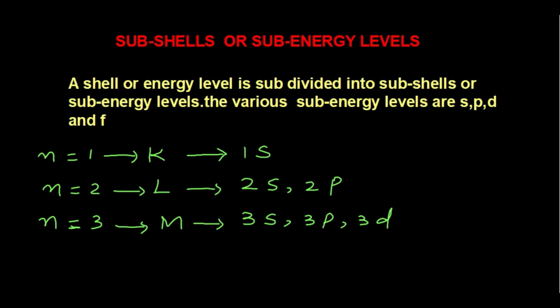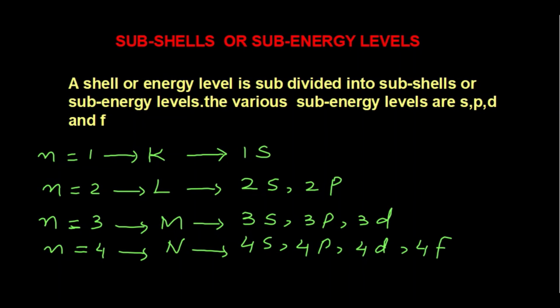Similarly, when n is equal to 4, it represents the fourth shell, that is the N shell. N shell has four subshells, which are 4s, 4p, 4d and 4f. I hope shells and subshells are clear to you.